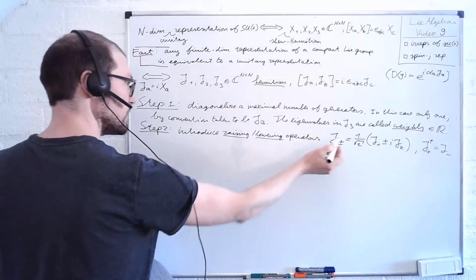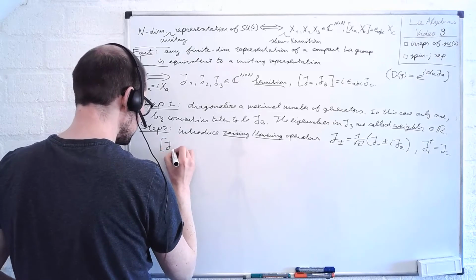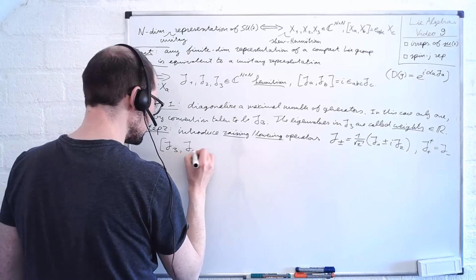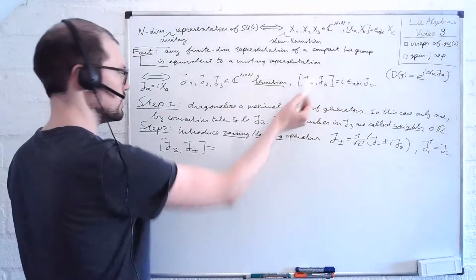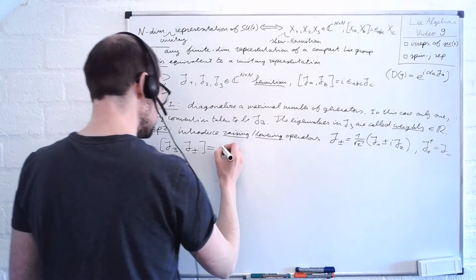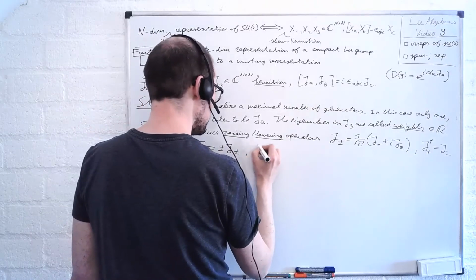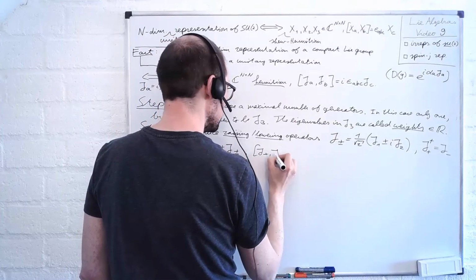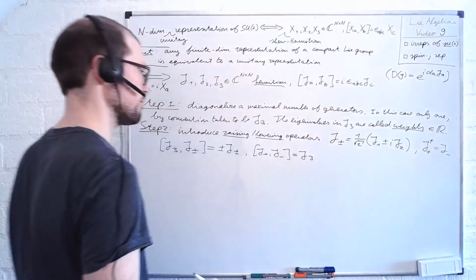In order to see this, let's first compute the commutation relations. So the commutation relation of J3 with J plus minus is easily determined from here to be plus minus J plus minus, and the commutation of J plus with J minus is J3.